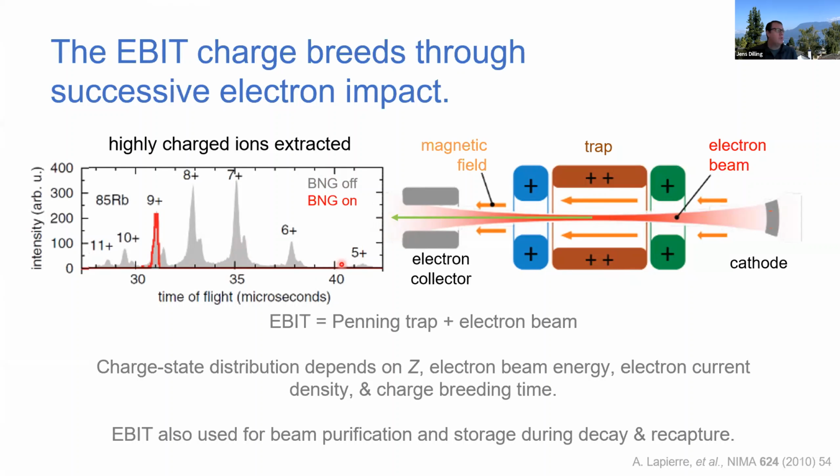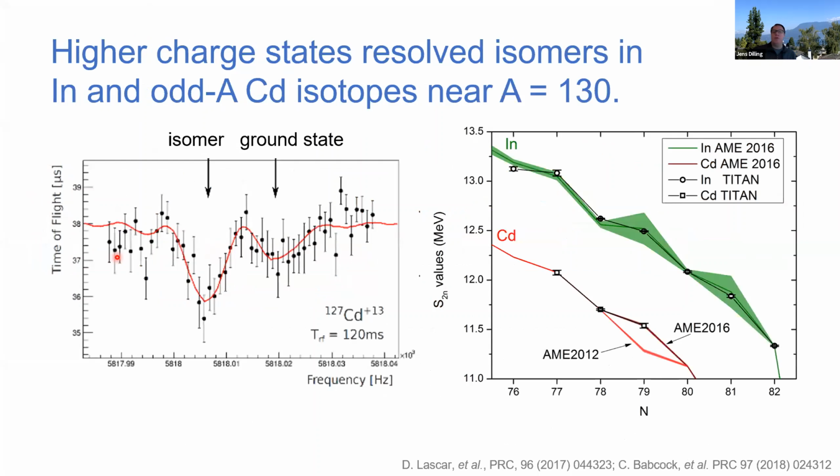And here you get a time-of-flight spectrum using a device, a Bradbury-Nielsen gate. You can very quickly flip that on and off and let part of the beam go through, and you see that the higher charge states are populated. And you can make use of that to increase your precision to tackle other scientific problems.